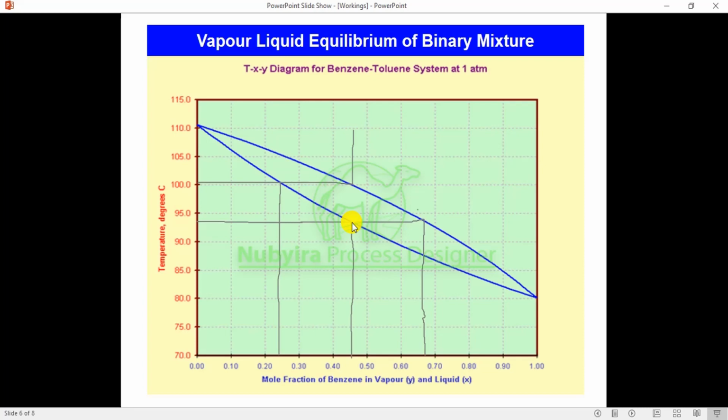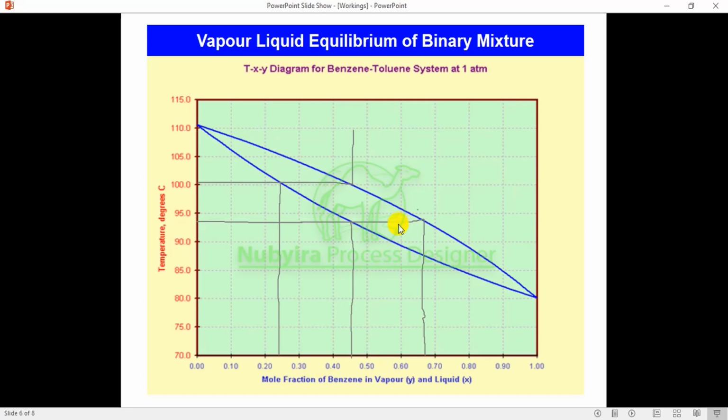And the meaning of this bubble point is the point when you see the first vapor in the mixture, you understand, and the first vapor in the mixture will correspond to this point, and this point will be the saturated liquid point, you understand. So the liquid will have the same mole fraction, while the vapor mole fraction will be higher, because this plot corresponds to the lighter component, you understand.